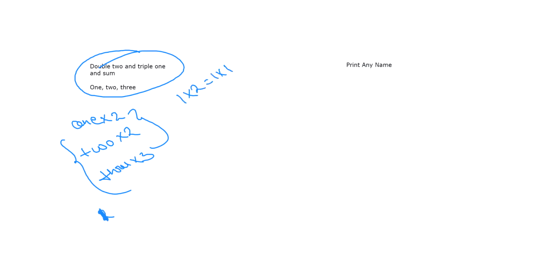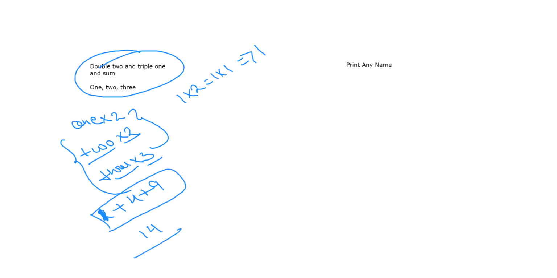Double 2 means 2 into 2, and triple 1 means 3 into 1. Then you sum those values. So 1 into 3 is 3, plus 2 into 2 is 4, plus 3 into 3 is 9, so the sum is 16 as your output.